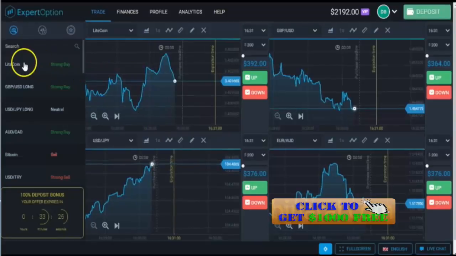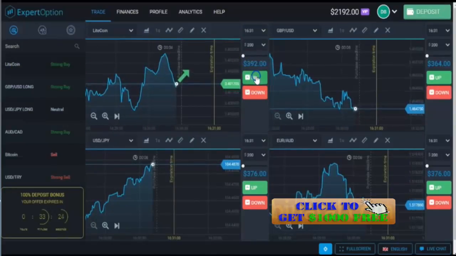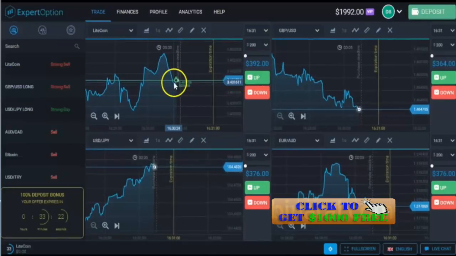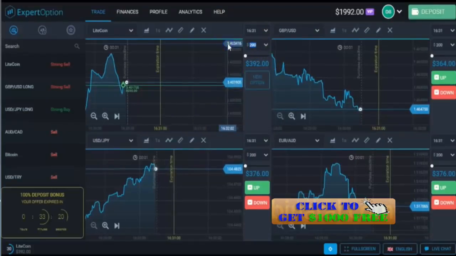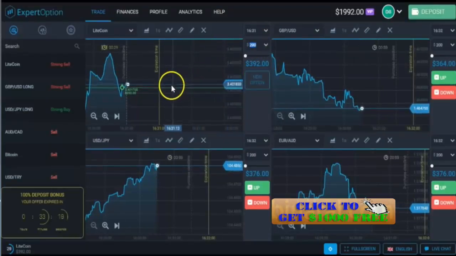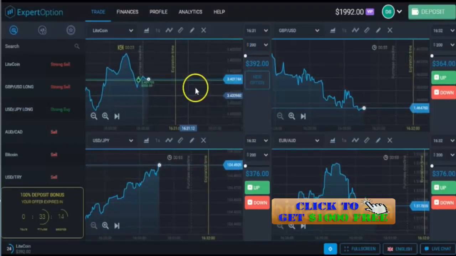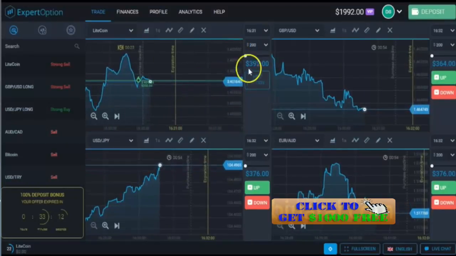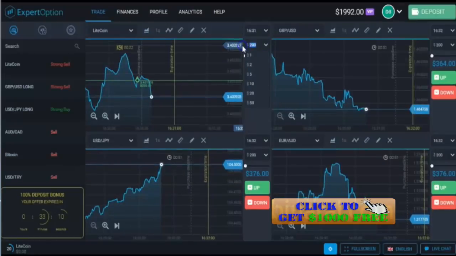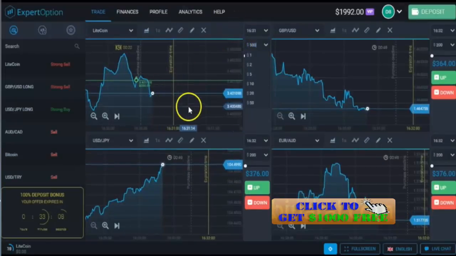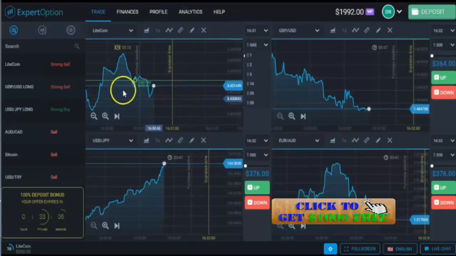So we see a strong buy on the Litecoin. We make a bet of $200, and if the currency pair graph goes in the opposite direction, then we will make another bet depending on the martingale trading system. So the next time we will have to make a bet of $500.